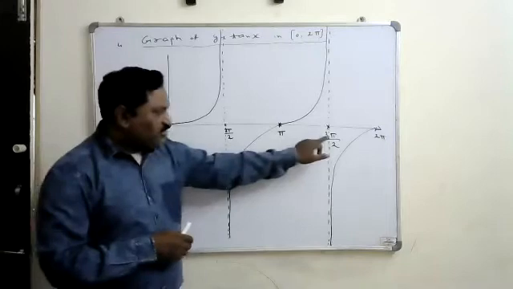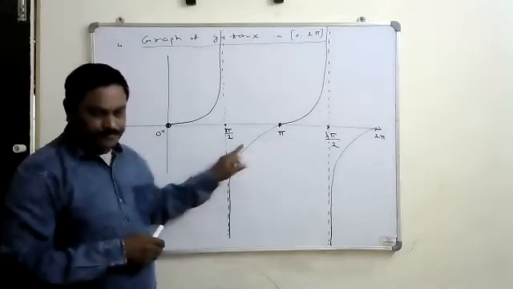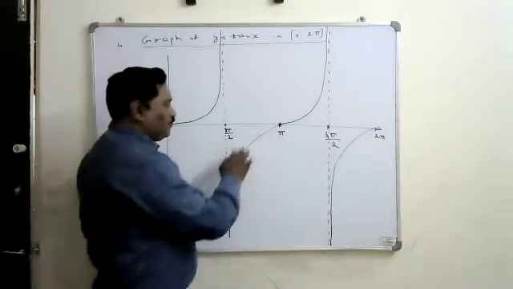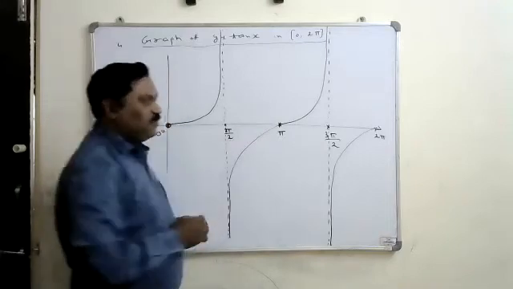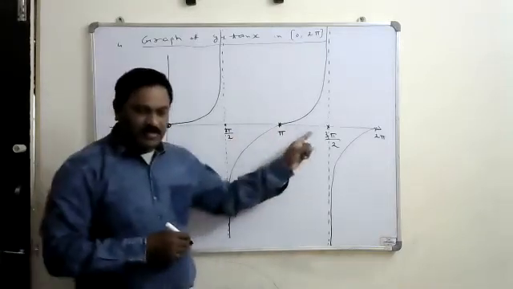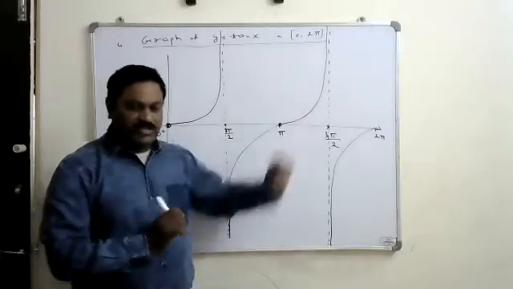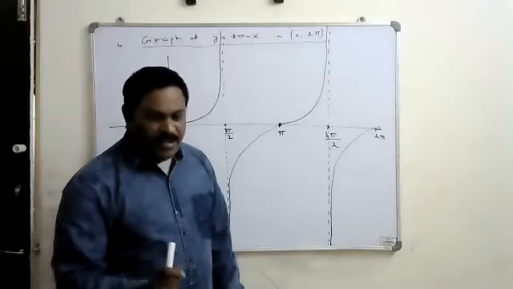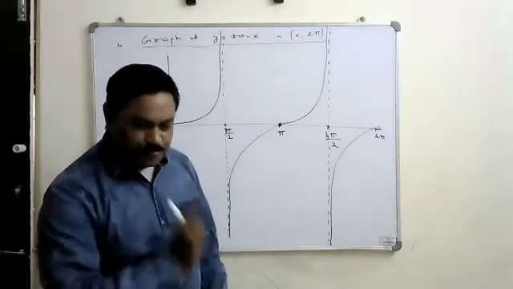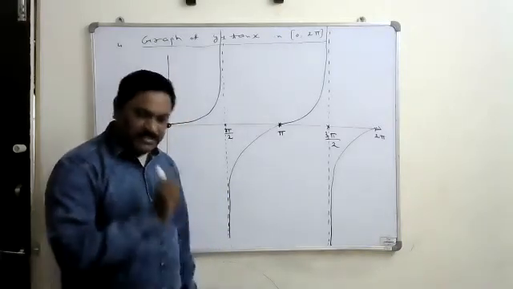What is this total distance? 180 degrees. So for a length of 180, that is pi units, it is completing one rotation. Therefore, the period of tan x is 180, that is pi. The period of tan x is pi.